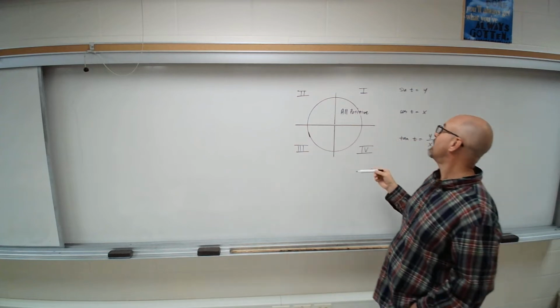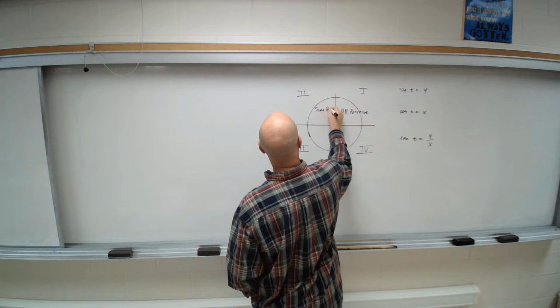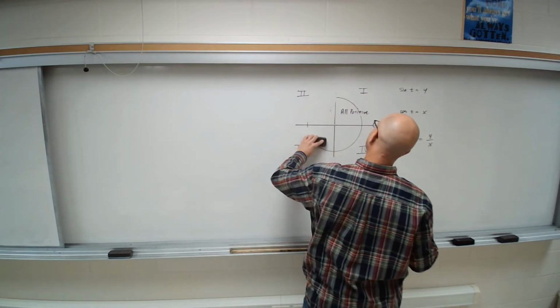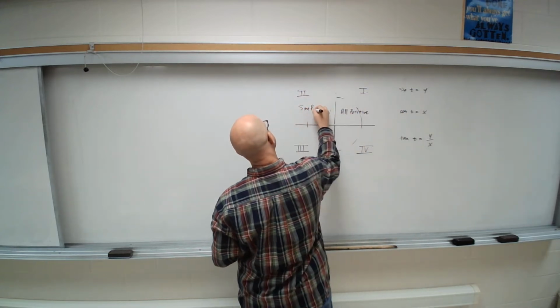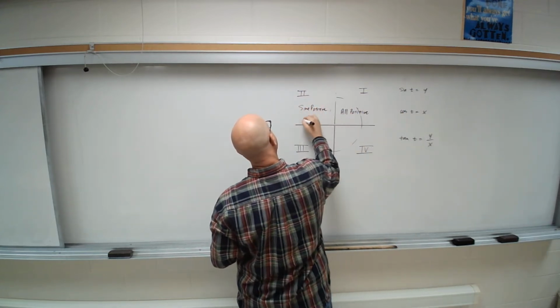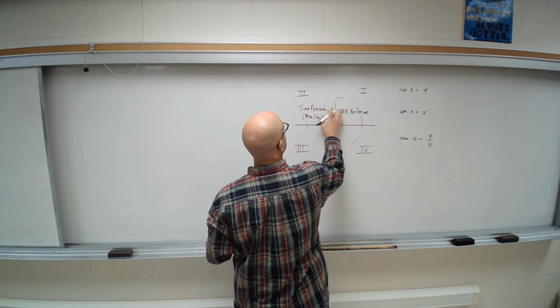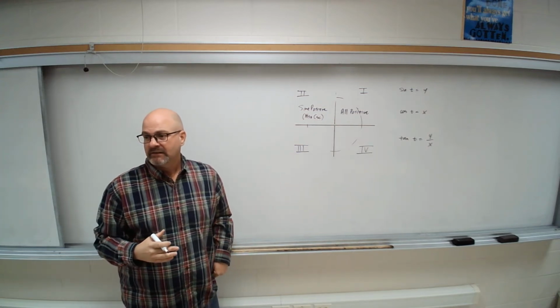So over here in the second quadrant, we get that the sine is positive. And again, as we mentioned before, that also means the cosecant is positive. But the other four trig functions are all going to be negative, correct?